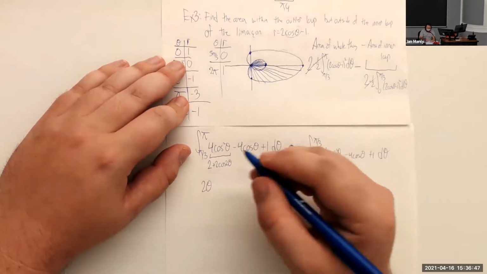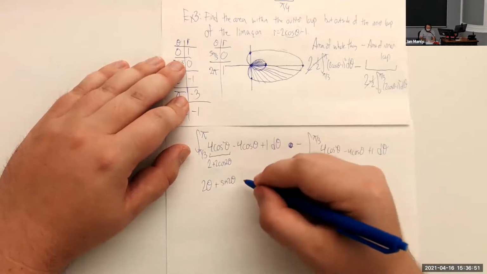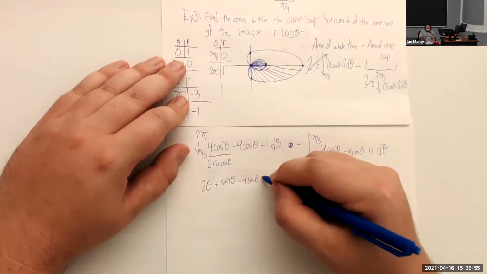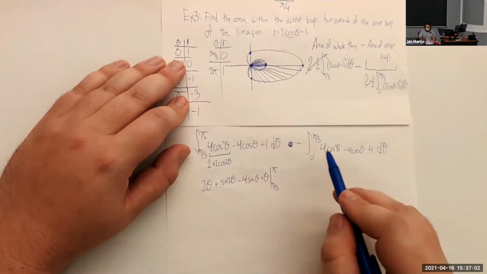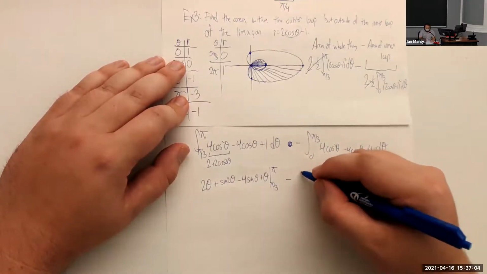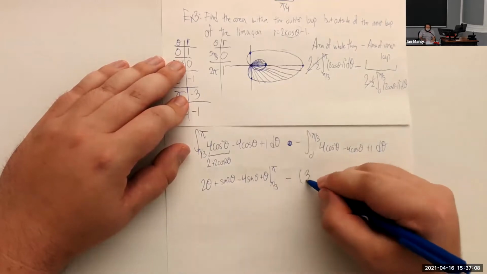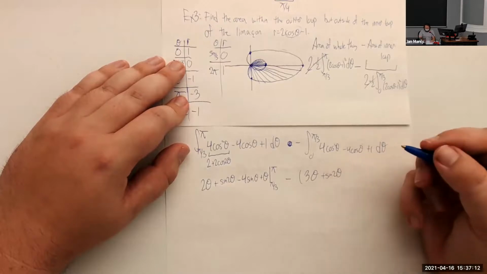And I have 2 theta plus sine of 2 theta minus 4 sine of theta plus another theta. And because this is the same function as this, I end up getting the same thing over here automatically. And the theta and 2 theta form a 3 theta.